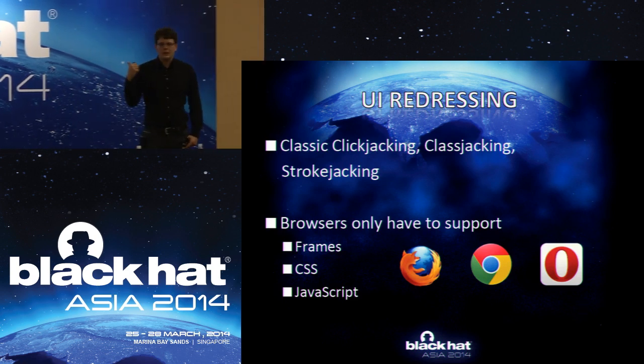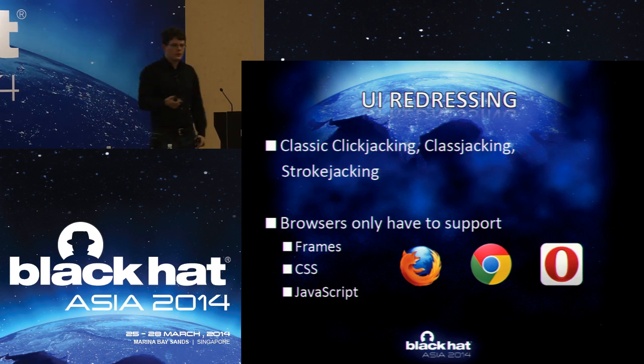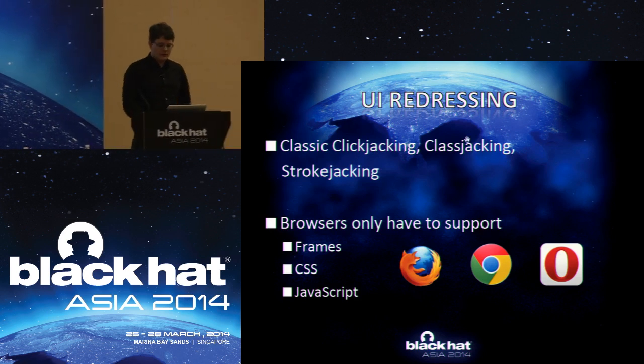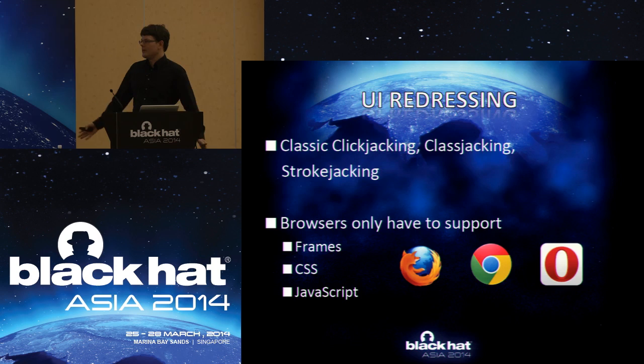So we can see here, for example, that 3 attacks can easily be ported because the only thing a browser needs in our case is that it supports frames or iframes, that it supports cascading style sheets, so CSS code, and JavaScript code. So this is possible in every browser. It's available in every browser.